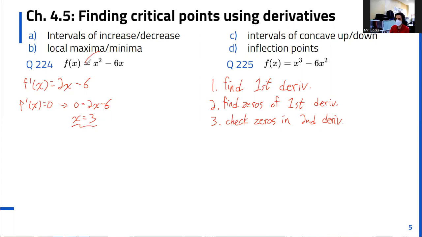Well, we can know that from looking at the leading term, but just in terms of our derivative tools here, we can find out with our second derivative. So second derivative here, if the first derivative is 2x minus 6, second derivative is 2.